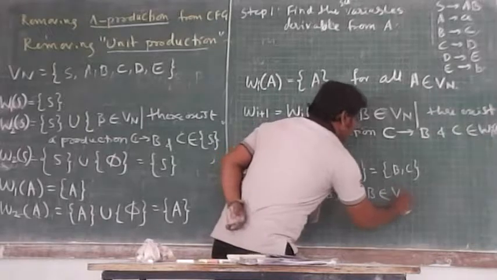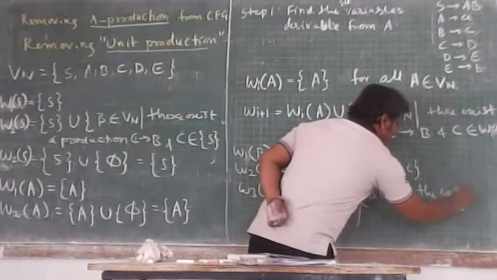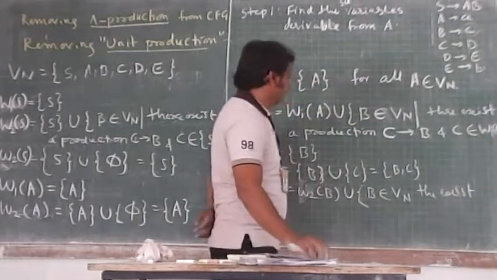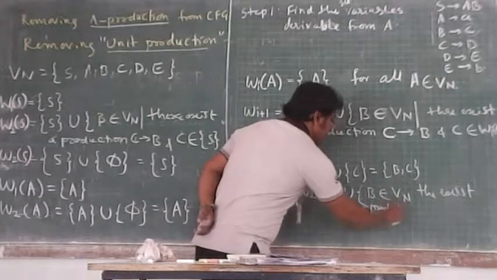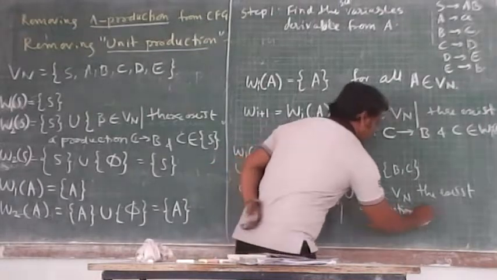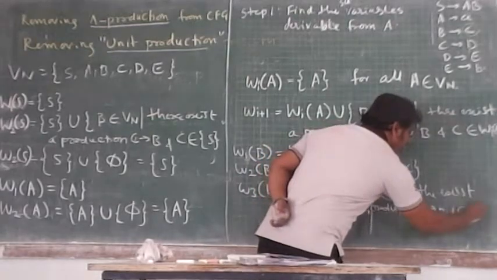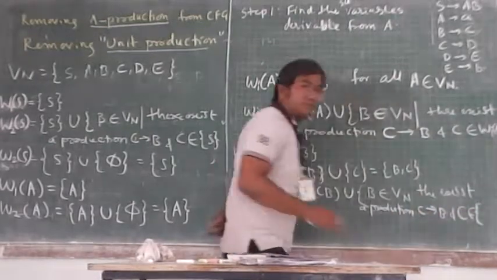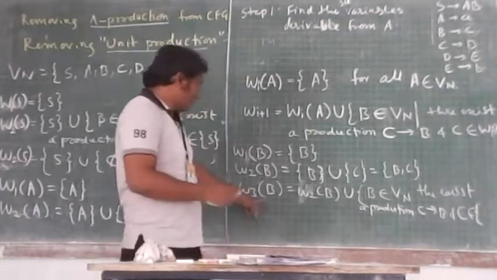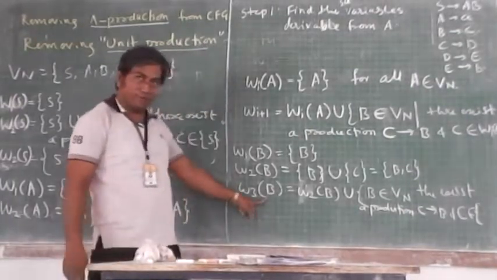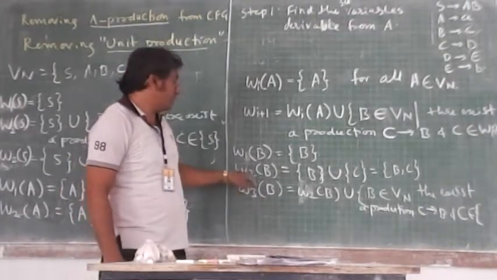B implies B, and there exists a production C implies B, and C belongs to what here? What is the set here? What is the previous W for W3? The previous W for W3 is W2B.